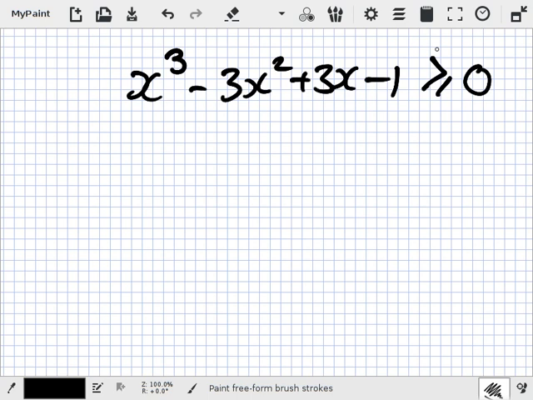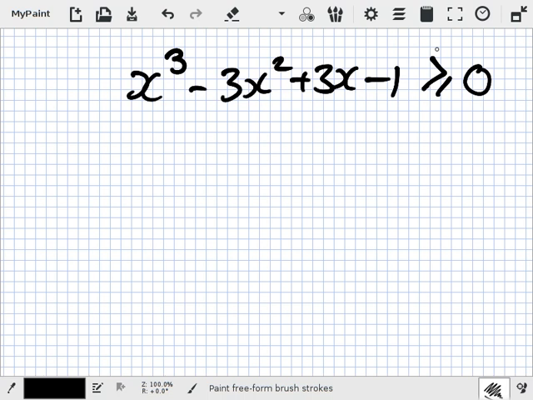So what do we do here first? How many people here tried to guess and find a root first? Did most people do that? I used the calculator to factorize the cubic. Okay, fine, which is the same thing.